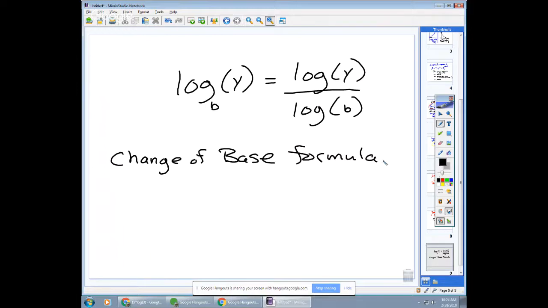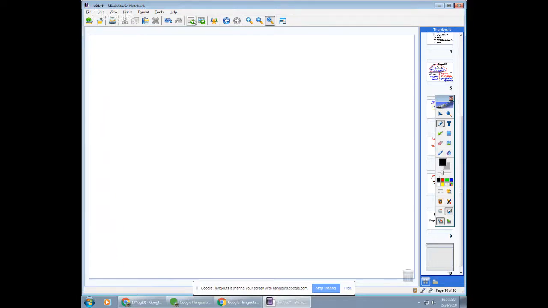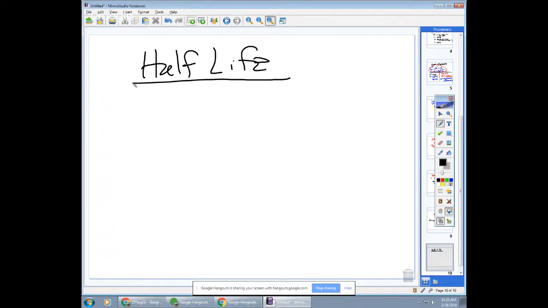All right, one last thing, and we'll hit the rest of activity 4.4. Half-life, which we've been playing with in this section, 4.4. We came up with a formula for that based on a few different problems.